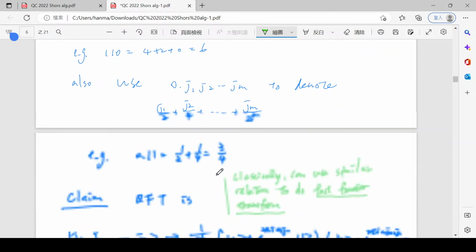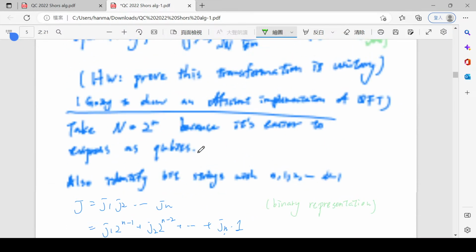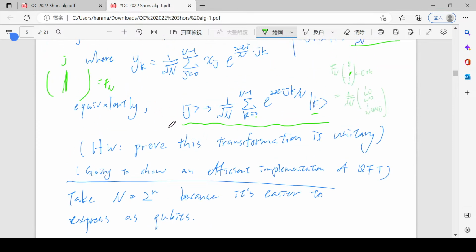And so first we do a little review of change of expression. We will change back and forth, sorry. We will have two kinds of expression for the numbers j and k. Those are numbers from 0 to n minus 1, right?